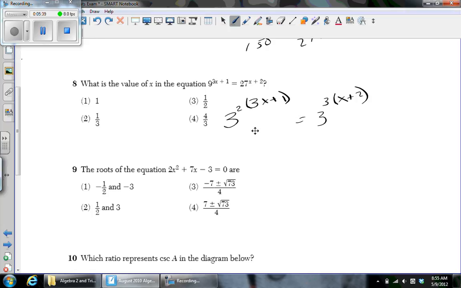Now that the bases are the same, we set exponents equal. So we end up with 6x plus 2 equals 3x plus 6. Solving for x, you get 3x equals 4, so x is 4/3.